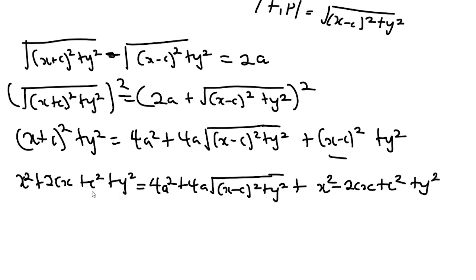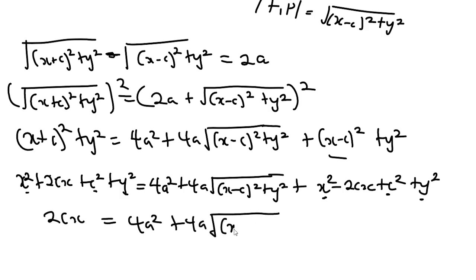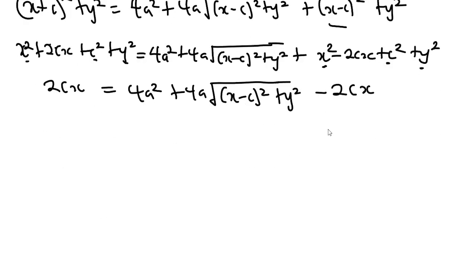Now looking at both sides of the equation, we have this going with this, then c squared with this gone, y squared with this gone. So now we have 2cx being equal to 4e squared plus 4e root of x minus c squared plus y squared. Then minus the 2cx. Now let's see what happens next.